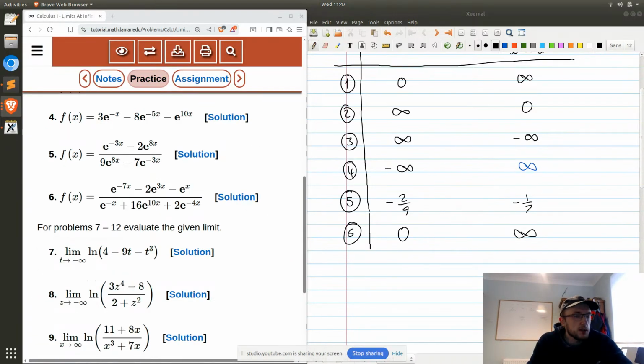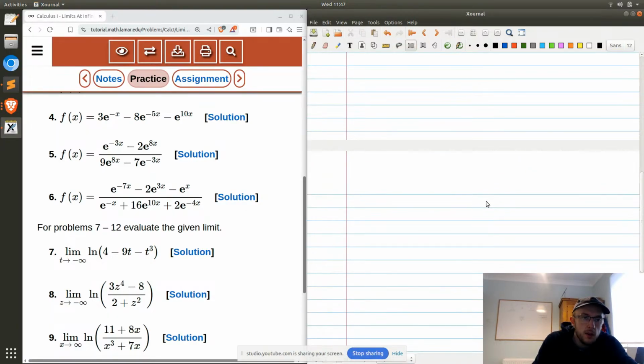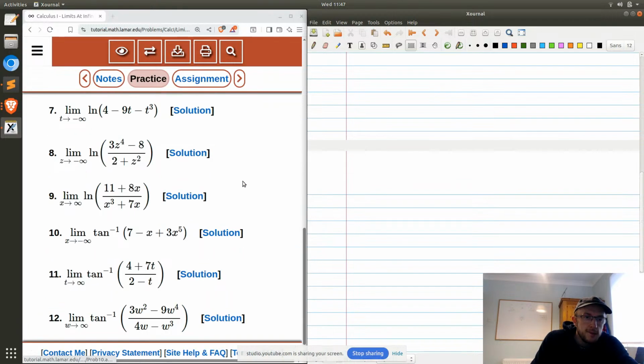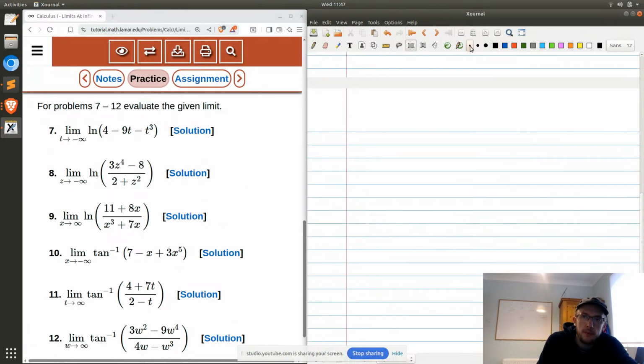All right, so now these problems. The natural logarithm as t tends to negative infinity.